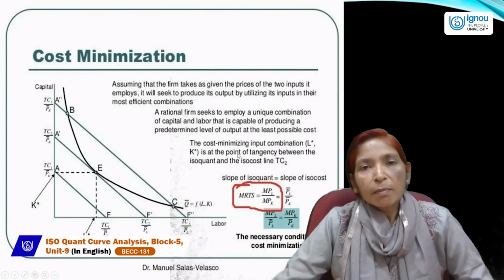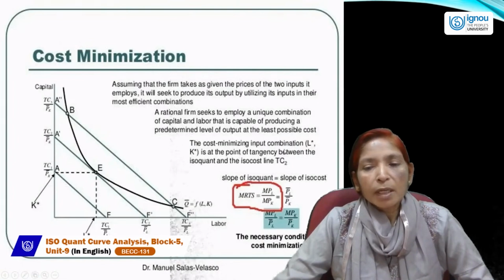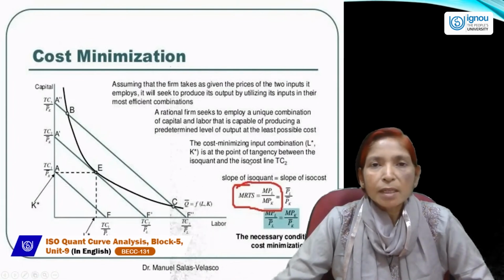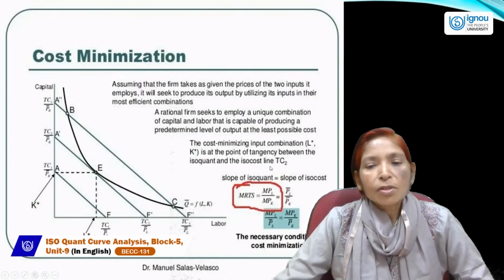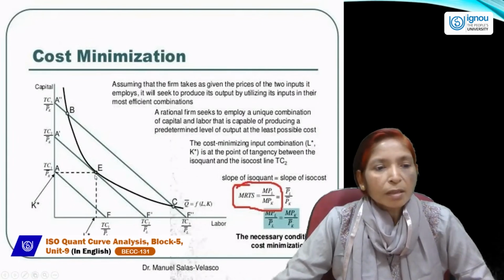The cost minimization input combination of labor and capital is at the point of tangency between the isoquant curve and the isocost line. Here, three isocost lines are drawn.